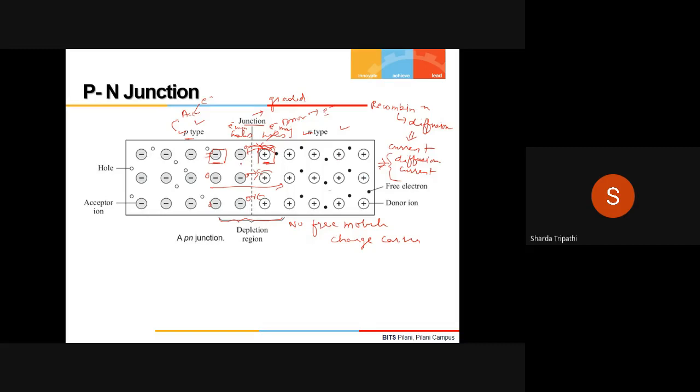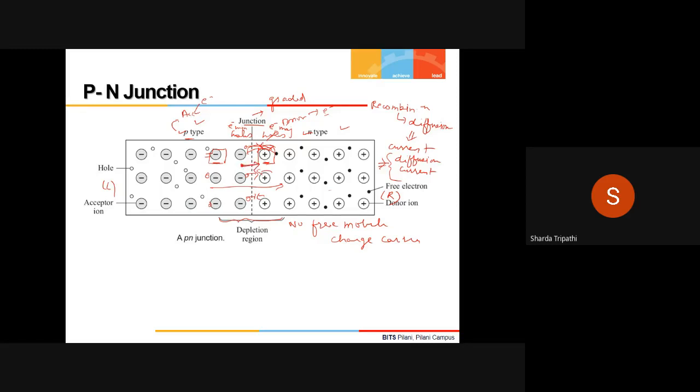And what will be the direction of diffusion current? Let's say this is the right side and this is the left side. We know that holes are moving from here to here.